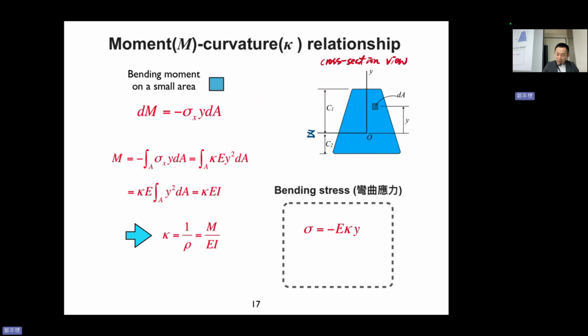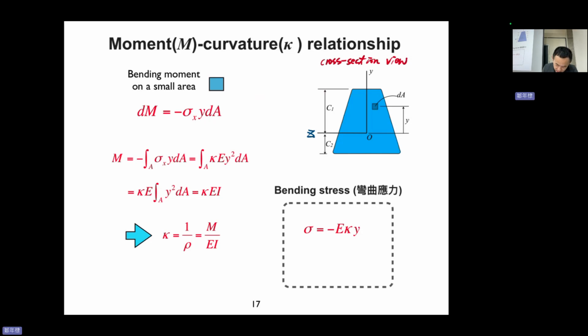Now we are going to determine the total moment in this area. We know the total moment here is M. But M also equals the small dA, with the force acting on the small dA, times its force arm.